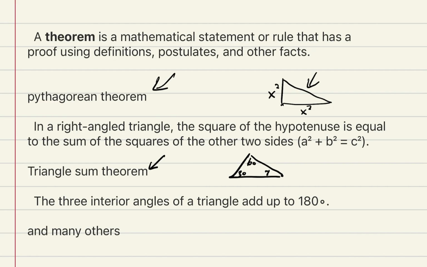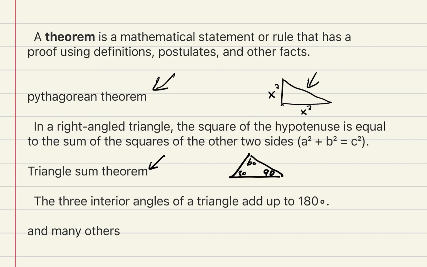I think that's 70. I might be wrong. Don't quote me, but that should be 90. Okay, so that should be 90 degrees. Now, of course, these are not actual angles, but I'm just trying to prove the point that the sum of the internal angles will add up to 180 degrees. So because it's called a triangle sum theorem, it has to be proven, or it does have a proof.